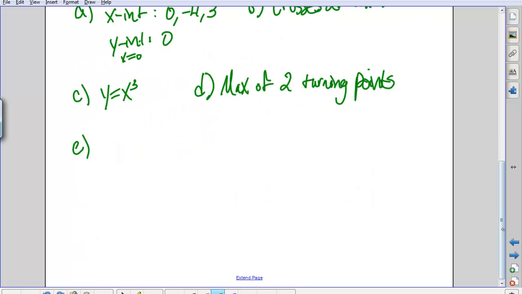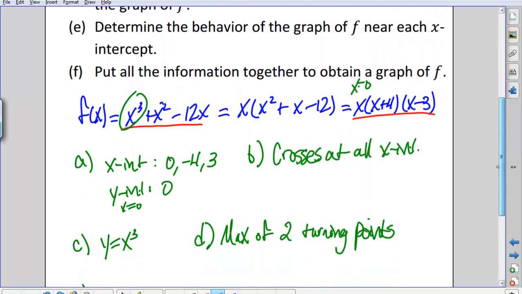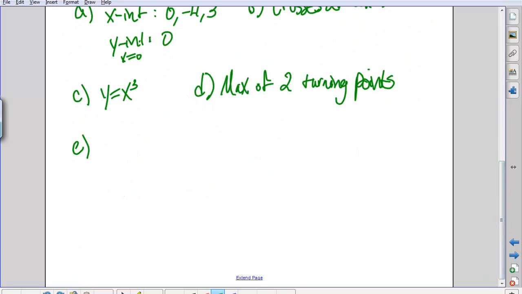Part E, and part E is the trickiest question. Determine the behavior of the graph of f near each x-intercept. So what's this graph going to look like near x equals 0, x equals -4, and x equals 3? So I'm going to have 3 different questions here.